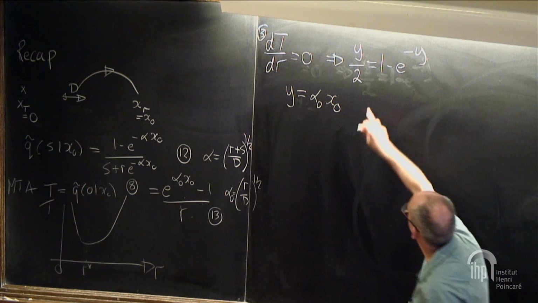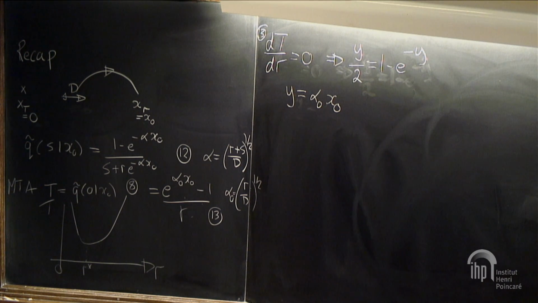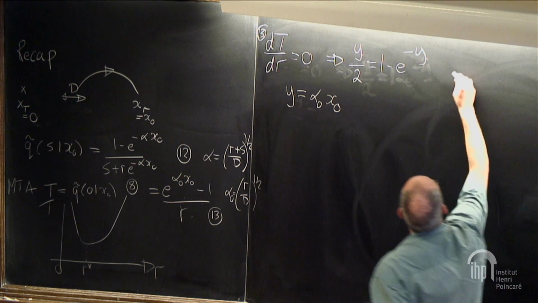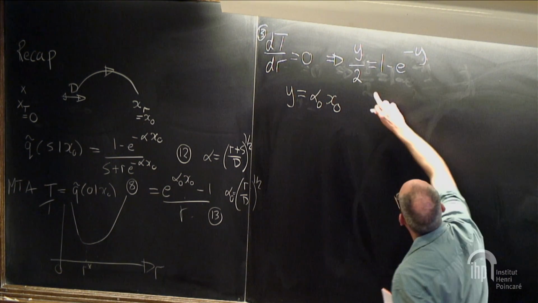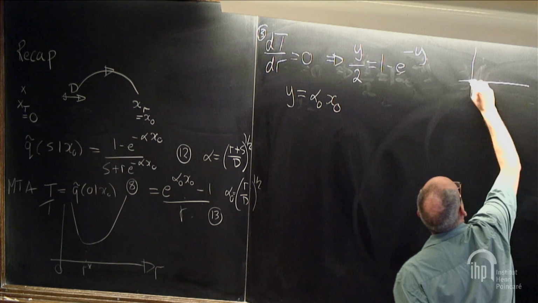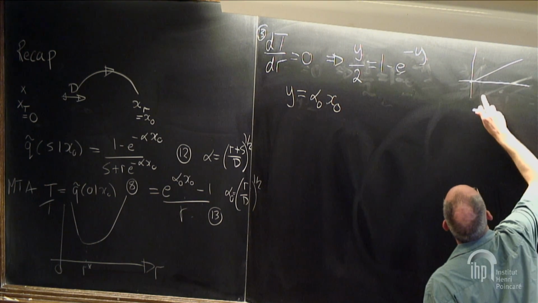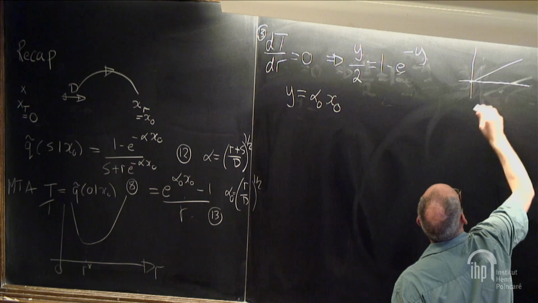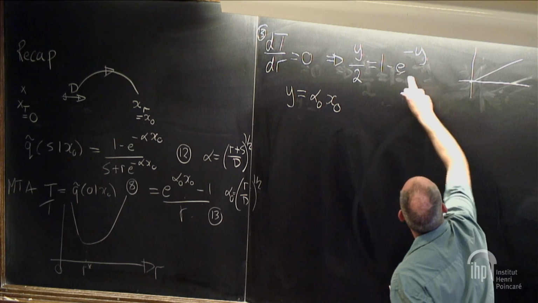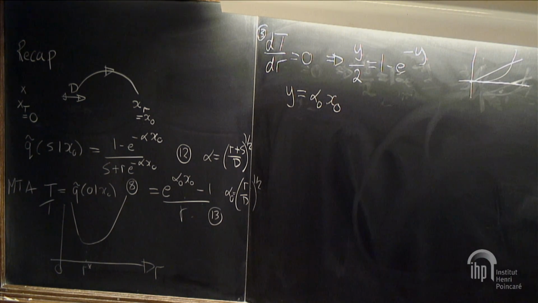I mean, it's got a solution for y equals 0. That's kind of not relevant. And we're looking for one for y greater than 0. So you can see that, well, it's going to be a unique solution. Because if that's y over 2, and this is, how does it go? 1 minus e to the minus y. Okay, there's a unique intersection, so a unique solution.